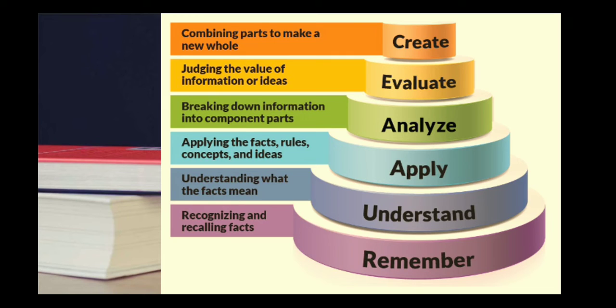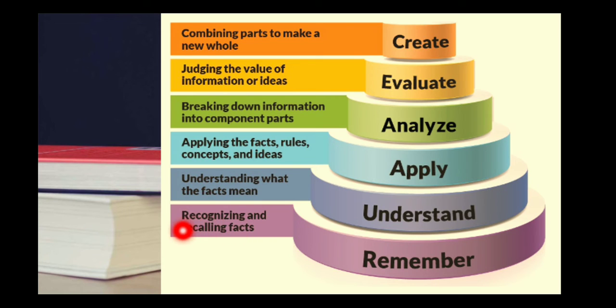Here is the revised version of Bloom's taxonomy, and I feel that these actions should be remembering, understanding, applying, analyzing, evaluating, and creating, because thinking is an active process where you consciously do all these things.